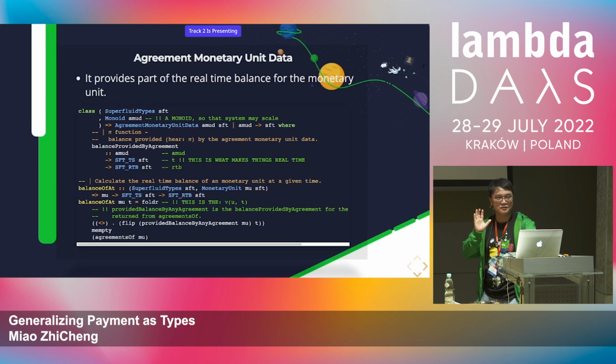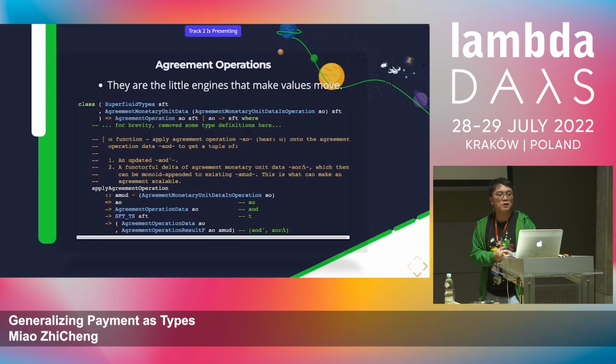Okay, interrupt me if you want me to explain a bit more. I'm just conscious of time, that's why I rush a little bit here. Another is agreement operations, right? Previously, we know how to get balance from all those little agreements. But in order to change a state, we also have to define some sort of operations.